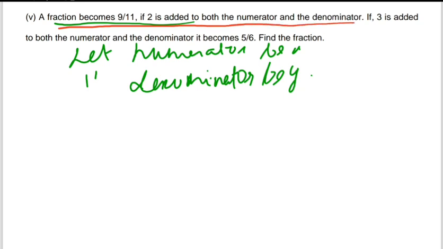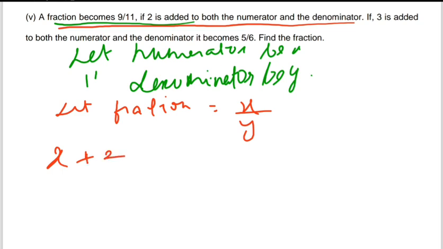So let the fraction be x by y. So according to our first condition, x plus 2 by y plus 2 is equal to 9 by 11. So this is our first equation.